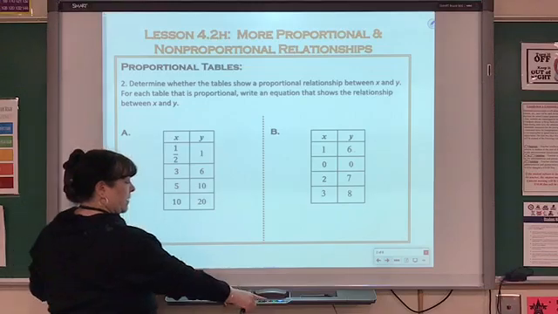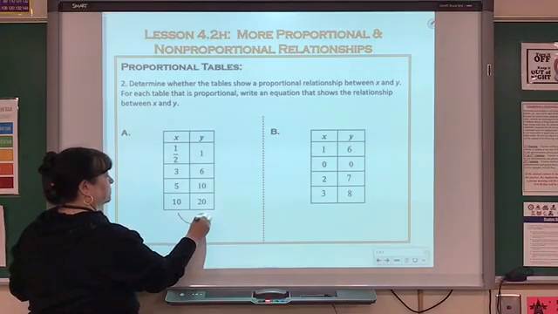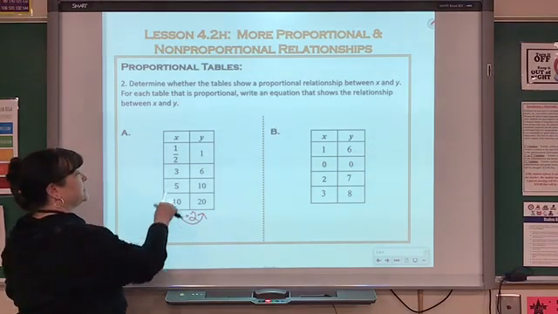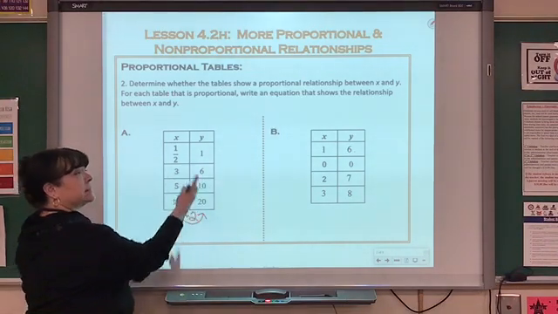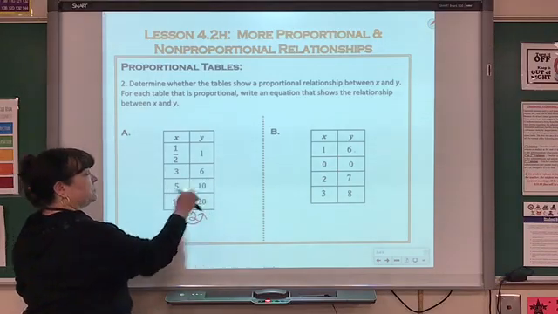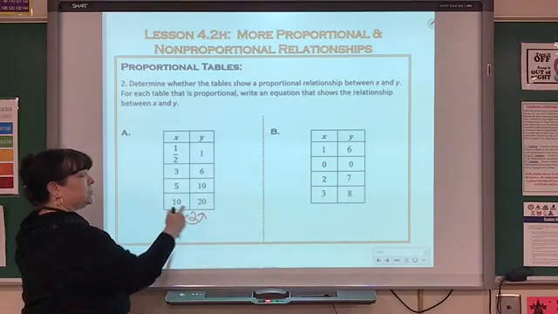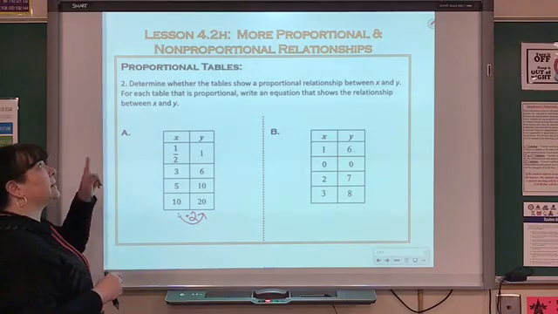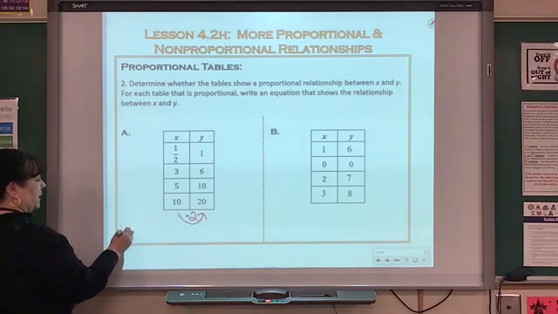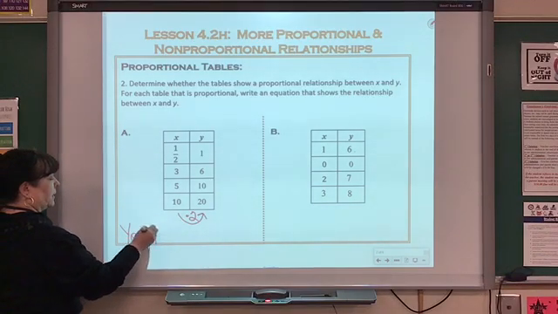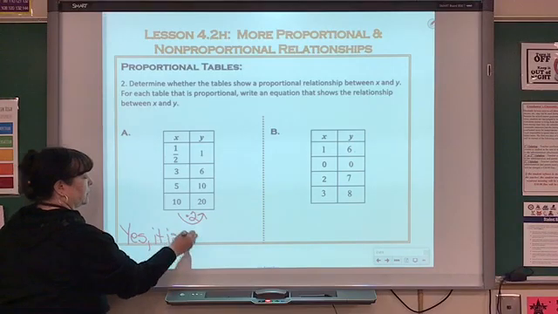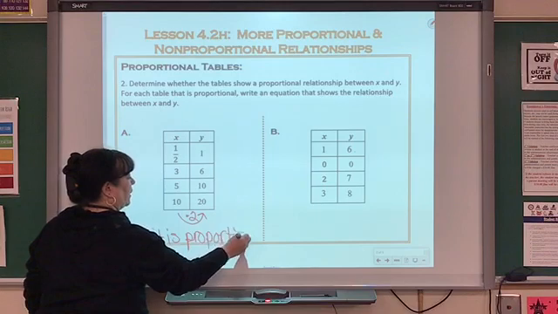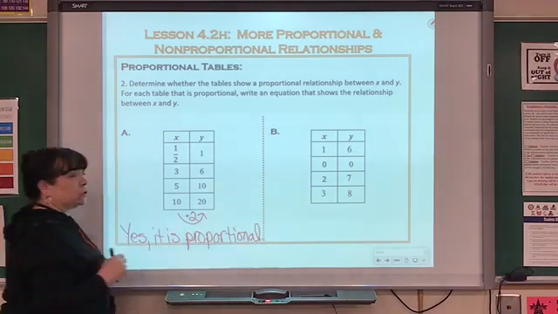So let's see if everything I do is a multiplication of 2, or our proportional constant. 3 times 2, 6, yes. 5 times 2, 10, yes. 10 times 2, 20, yes. That means that this is definitely a yes. It is proportional. We do have a proportional constant.